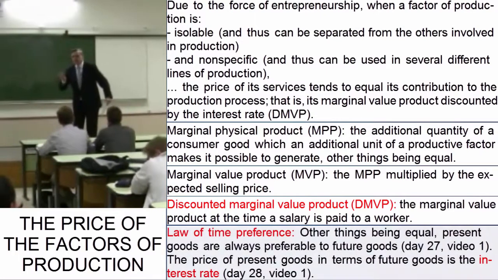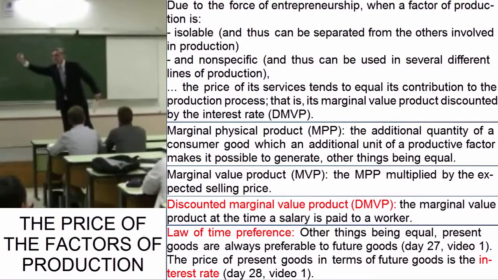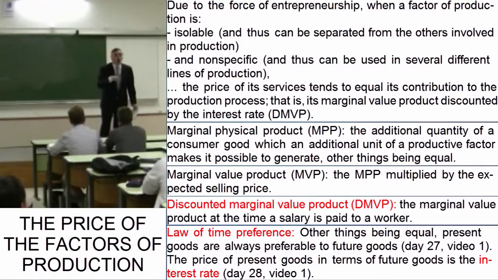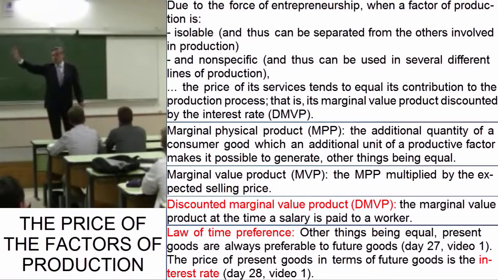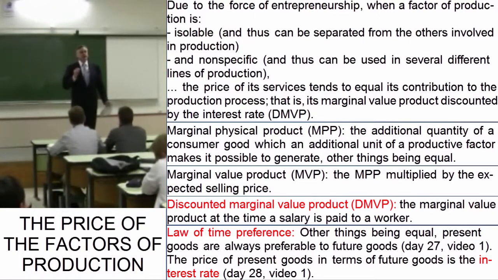And as you know, the logical category of time preference is an essential principle of the production process, and inseparably linked to our human nature. According to this principle, other things being equal, human beings value the present more than the future, and as a result, a market price for present goods in terms of future goods tends to be set, and we call this price the interest rate.